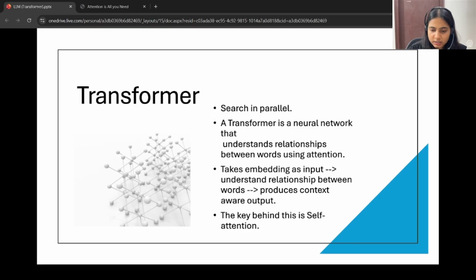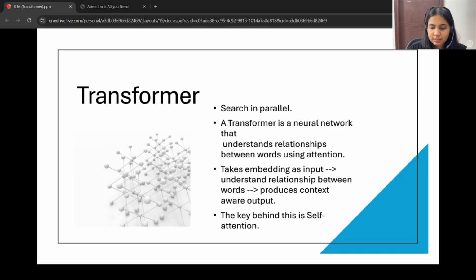If you see here, it's mentioned that a transformer is a neural network that understands relationships between words using attention. So it is using attention, what we learned before, multi-head attention. Using that, it will understand the relationships between the words, and it takes embeddings as an input. As we learned in the last video, inputs are converted into tokens, then go for the embeddings.